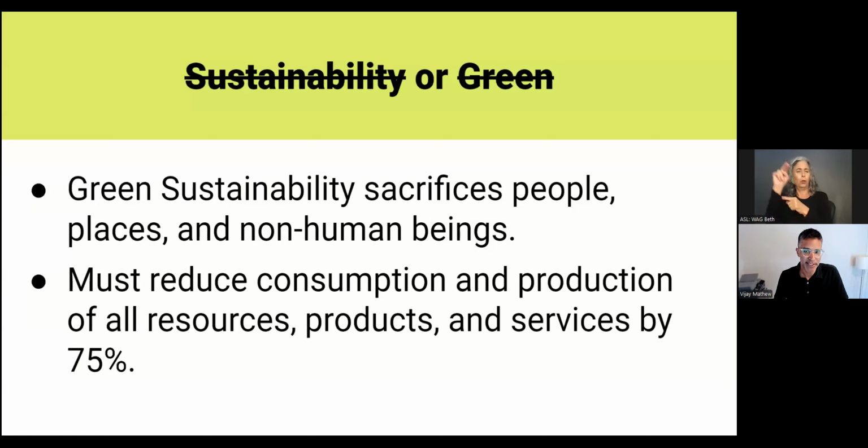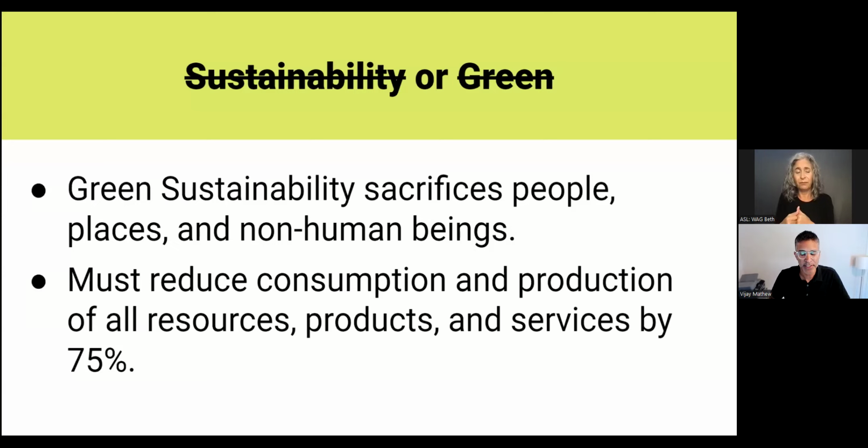Mainstream sustainability lacks an understanding of justice and is unable to accept that drastic change in consumption and production patterns is necessary for all of us, necessary for our collective survival.